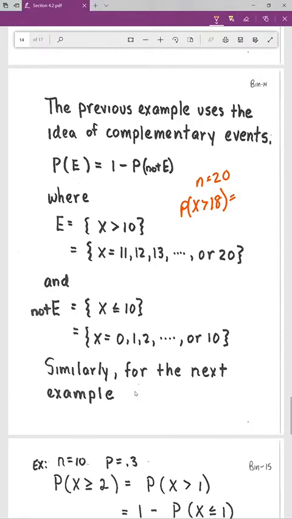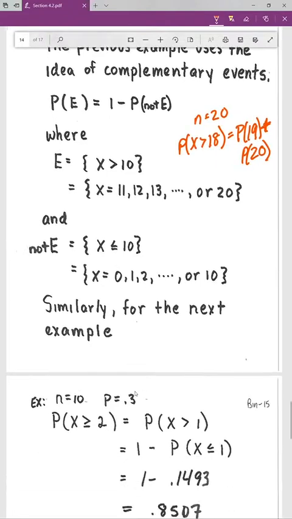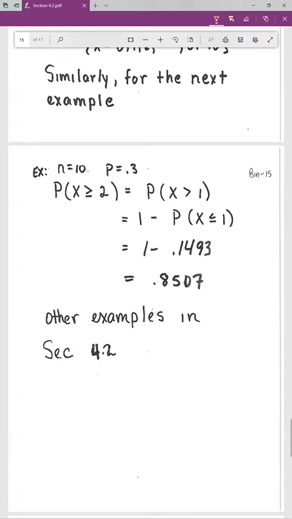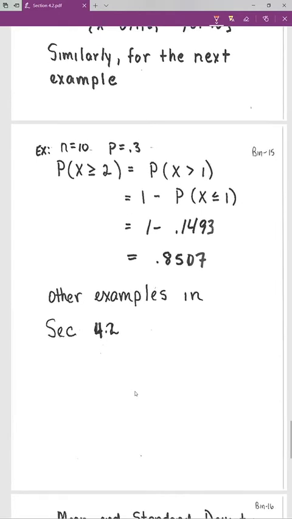I might just find the probability of x equals 19 plus the probability of x equals 20 and solve it that way. Again, personal preference. It all depends on what you're given and how you're solving.